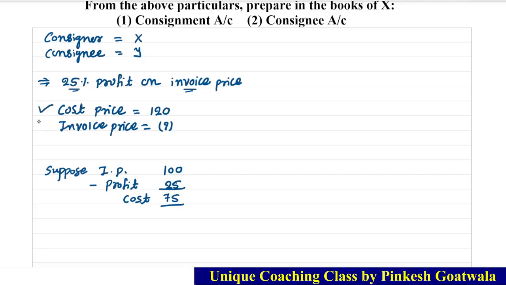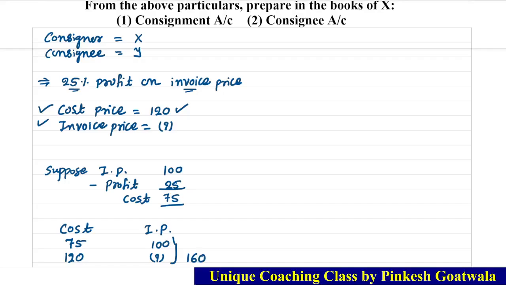Now we have a cost and we want to find out invoice. We have a cost and we want invoice. Cost 75 then invoice 100, actually cost 120. So what will be the invoice? So invoice price is 160. So here we get the value of invoice price.